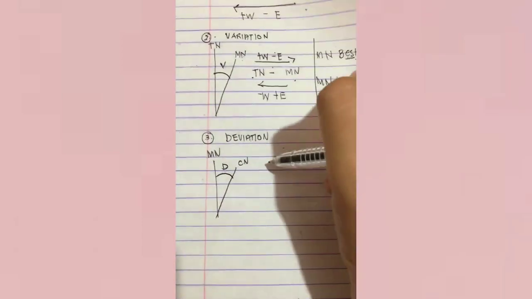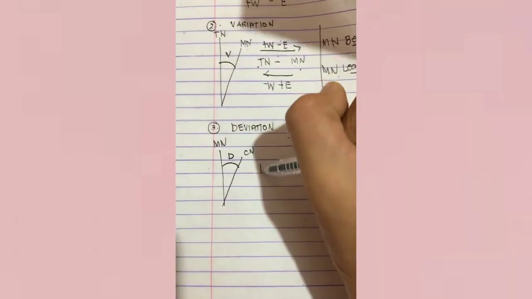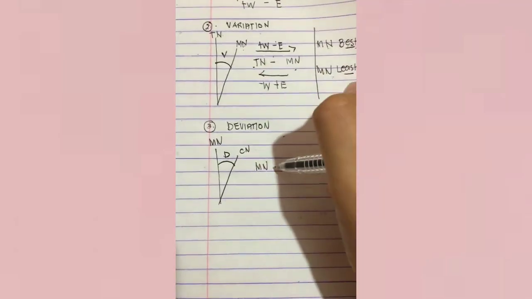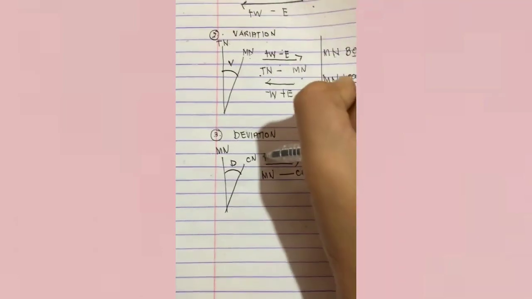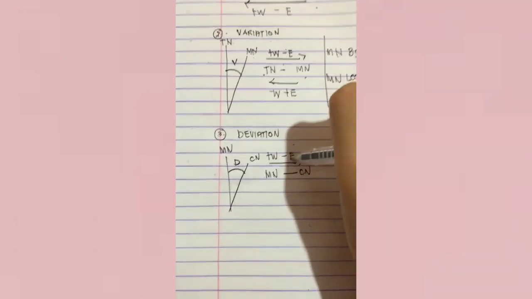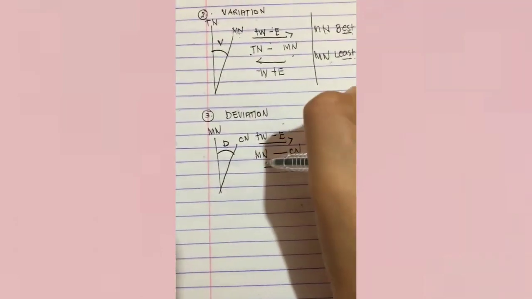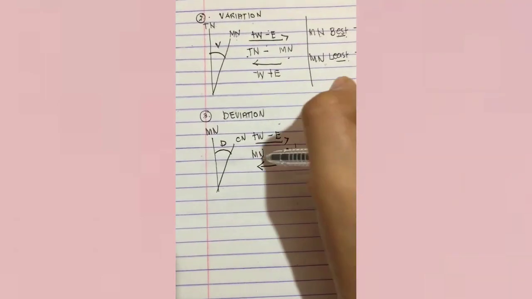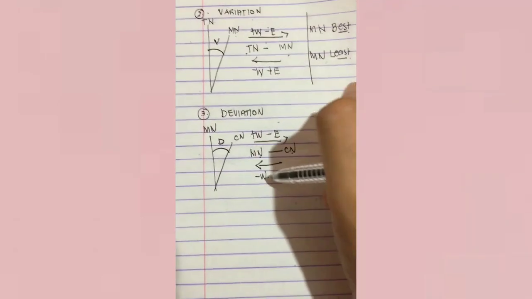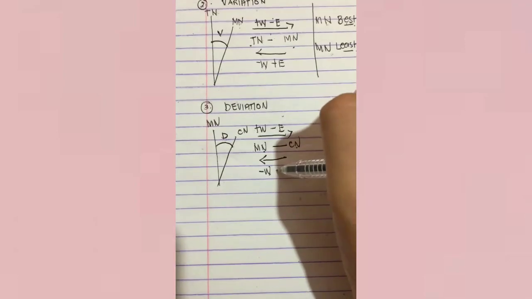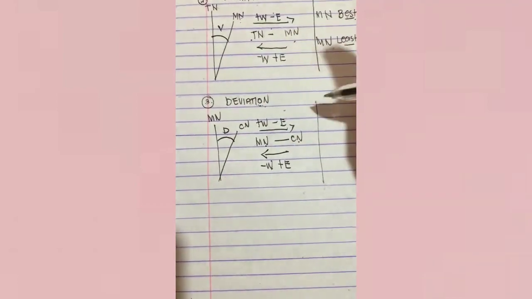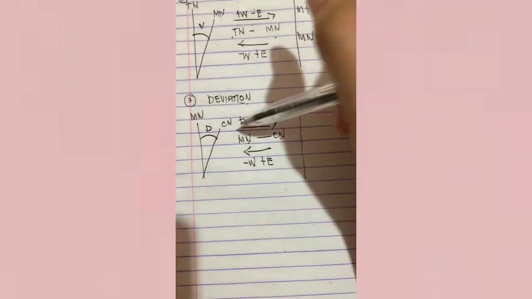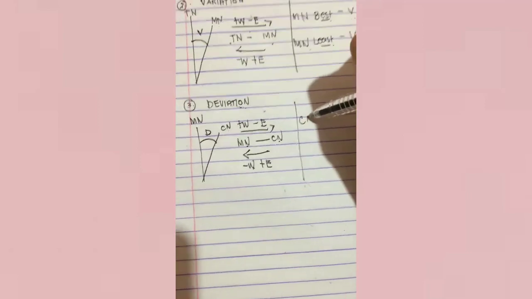Same as the variation, if you want to calculate from magnetic north to compass north, we should add westerly and subtract easterly. And if you want to calculate from compass north to magnetic north, we should subtract westerly and we should add easterly.